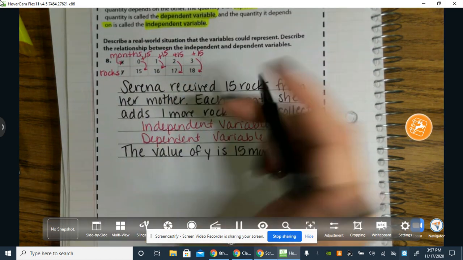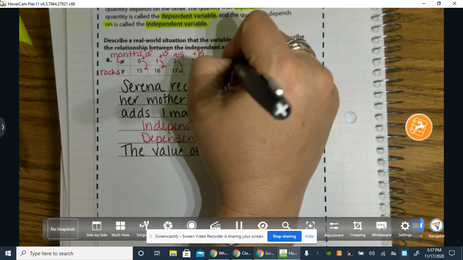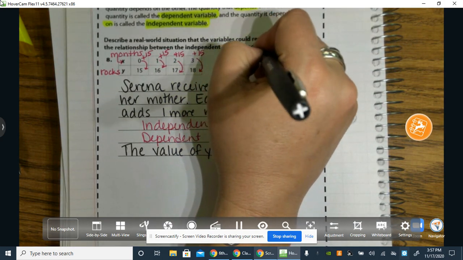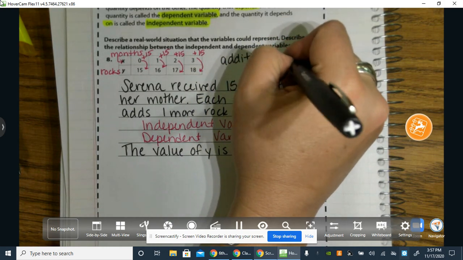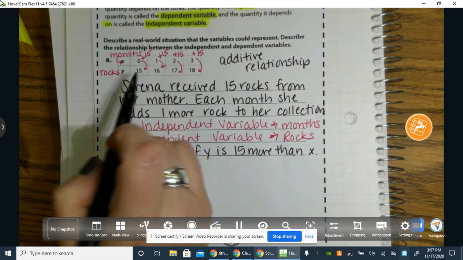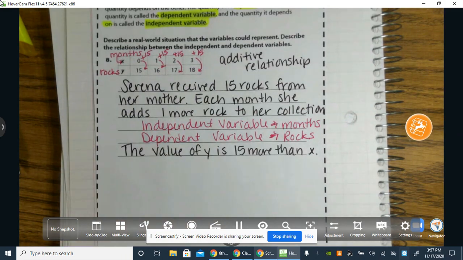And we can look and we can say that this is an additive relationship, because I'm adding to X to get the Y.